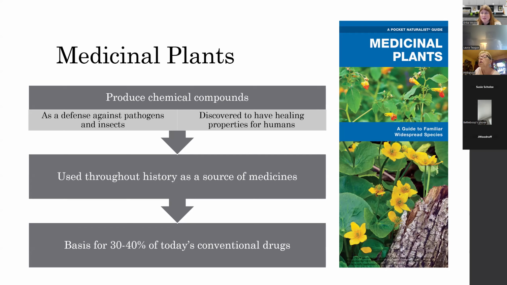And with that, what's interesting to note is that 30 to 40% of our conventional drugs found today have some kind of history, originally created from the use of plants to some degree. So that's going to be some of the stuff that we talk about today.